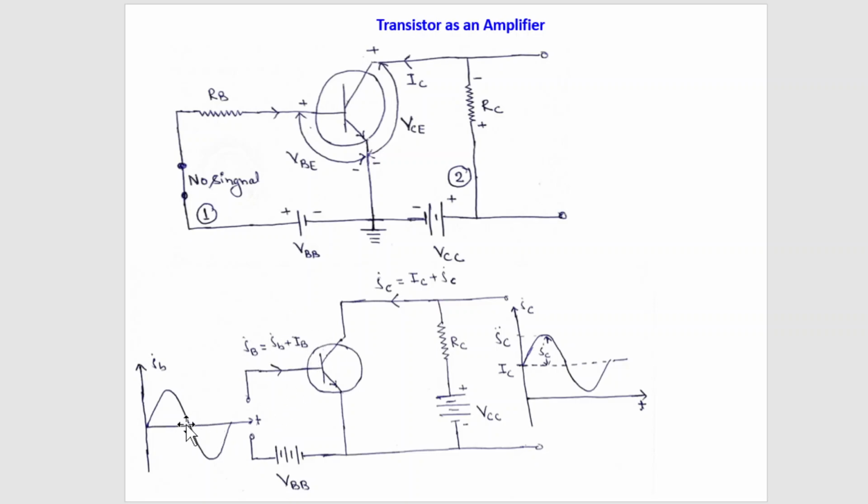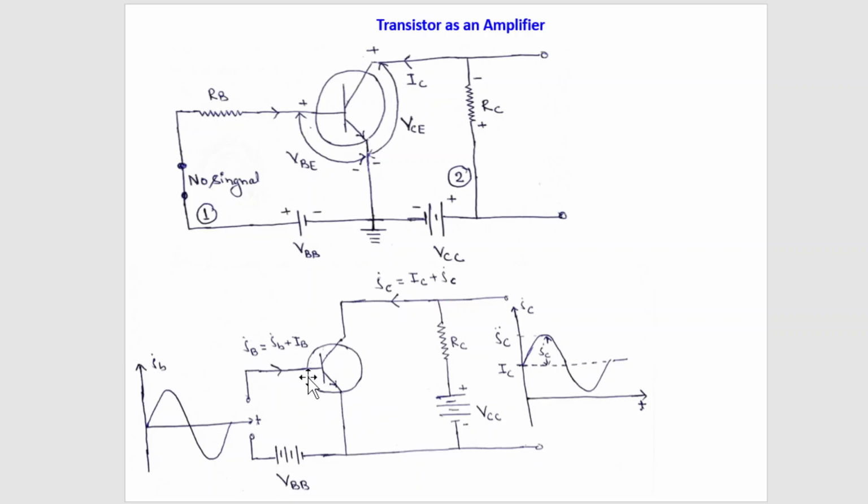And when the transistor is in the negative half cycle, we have to ensure that this base emitter junction remains in forward bias. So when the polarity of the input signal reverses, this junction should remain in forward bias. That means we have to choose the magnitude of voltage in such a way that it does not change the polarity of the base emitter junction.